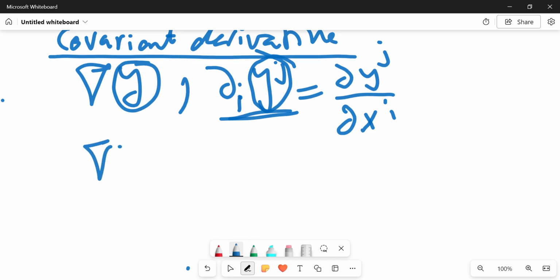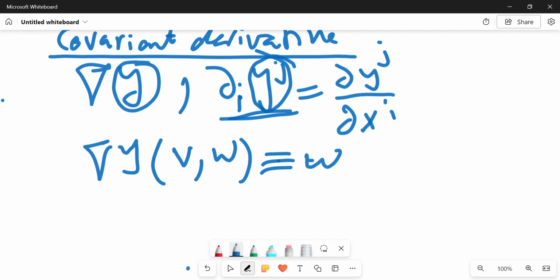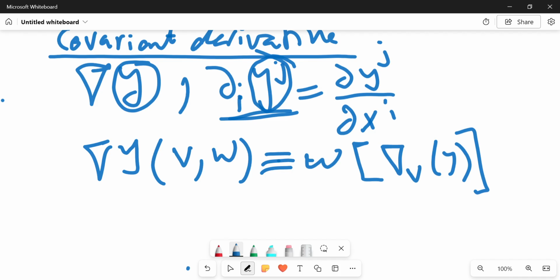Del y on (V, W) is defined as W of del_V y, the covariant derivative of y in the direction of V. This is the definition in a non-coordinate basis.